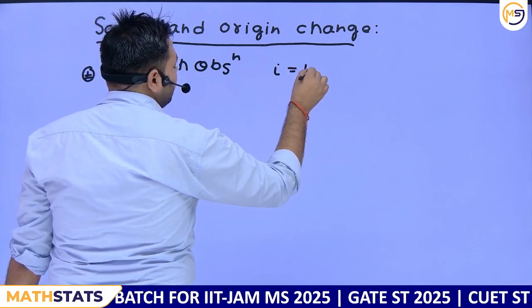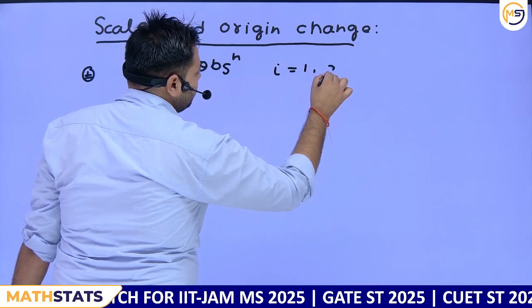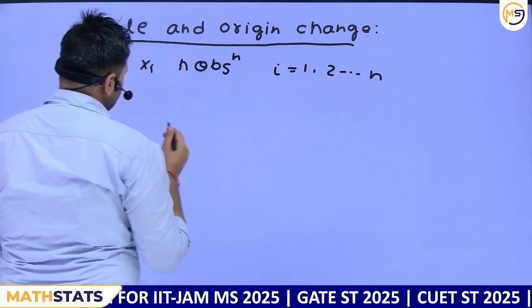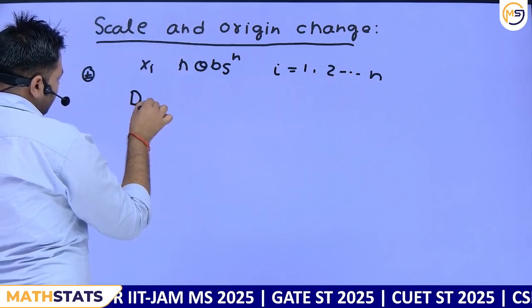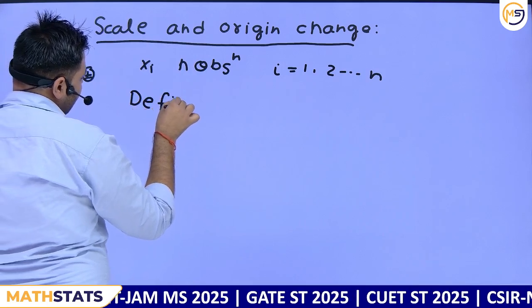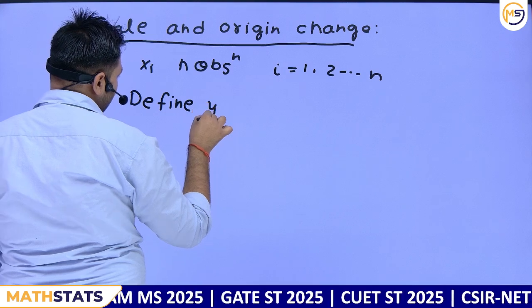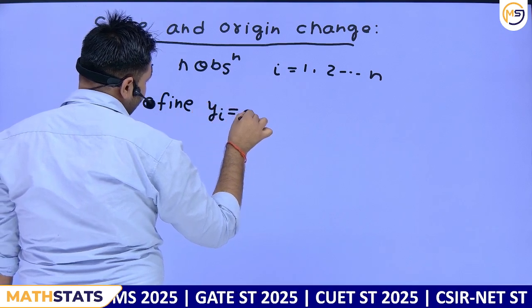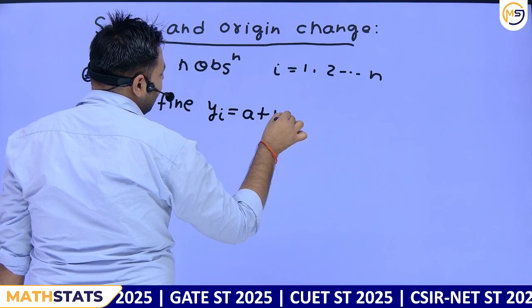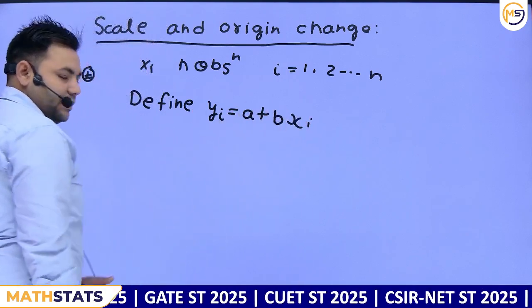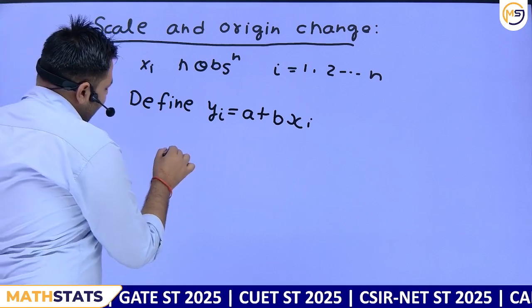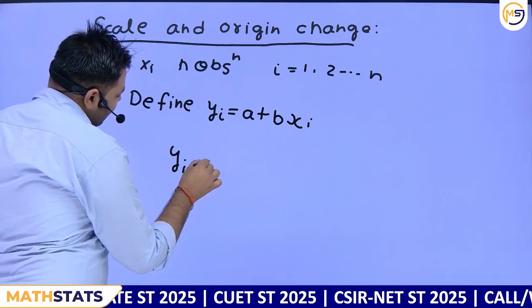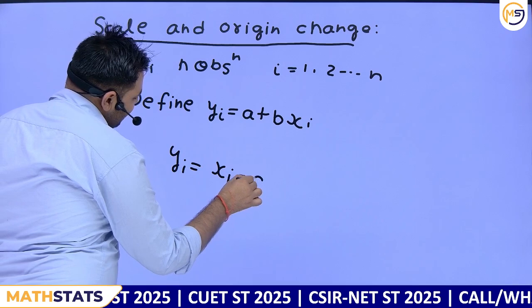Now define yi equal to a plus b xi, or in the same way define yi equal to xi minus a by h.